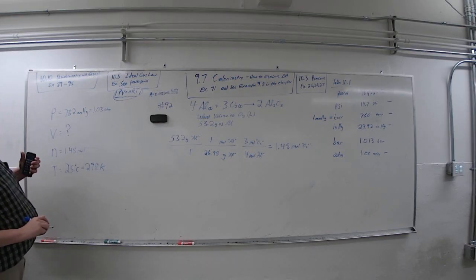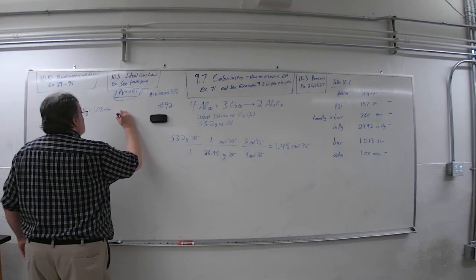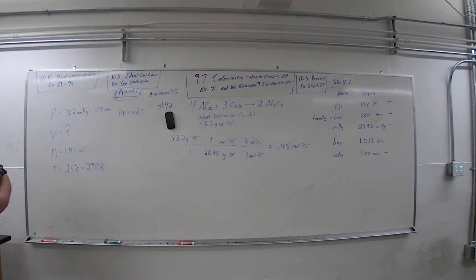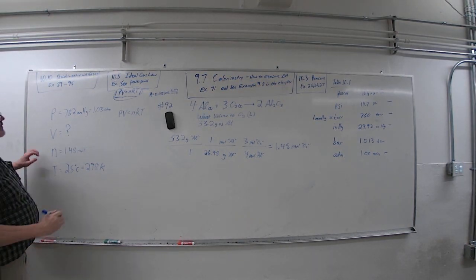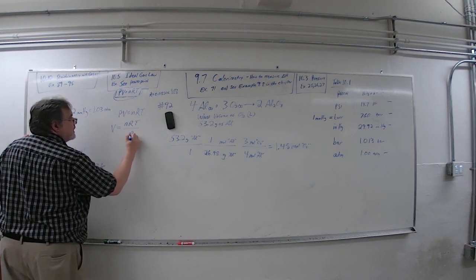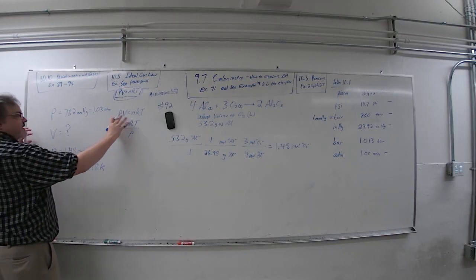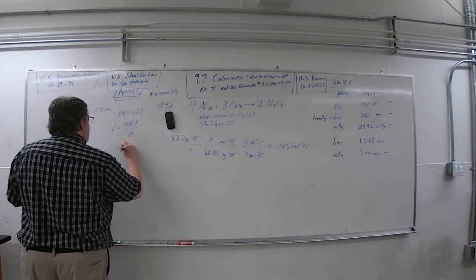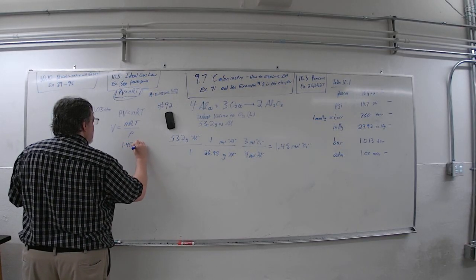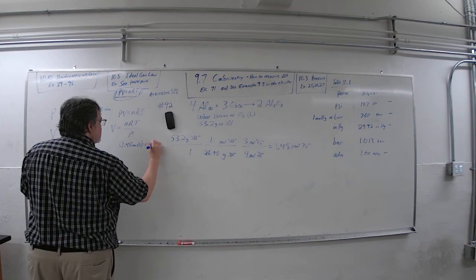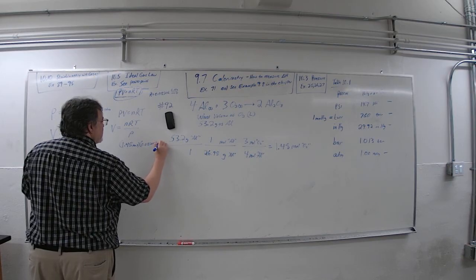The rest is PV equals nRT. You with me? So I'll use that. I divide both sides by P to get V equals nRT over P. I'm solving for volume. All right, what do we got? Moles is 1.48 moles. R is 0.08206 liters atmosphere per mole Kelvin.